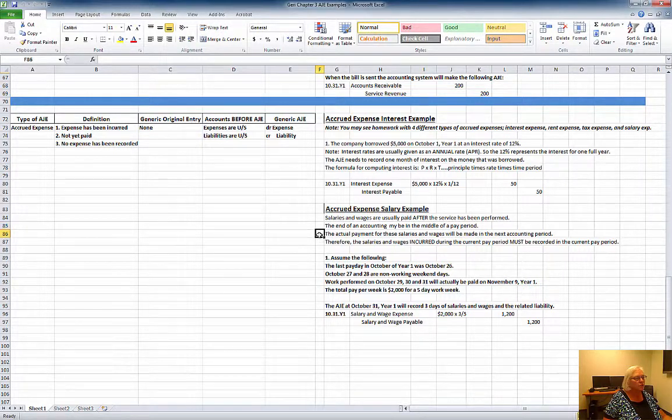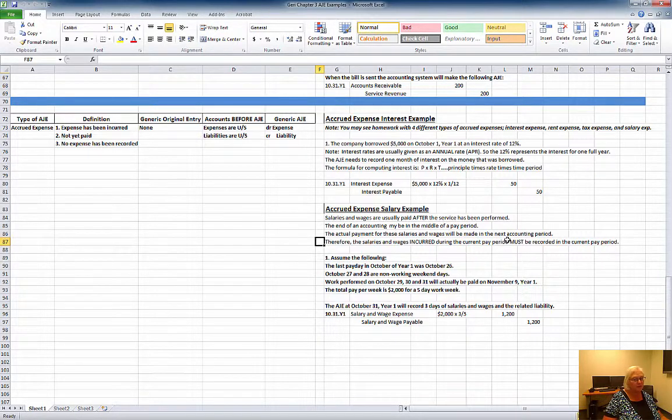So what we want to do is, the actual payment for the salaries that are accrued at the end of the period that haven't been paid yet, the payment is really going to happen next period. But we want those salaries and wages that were incurred this period to be recorded in this period.